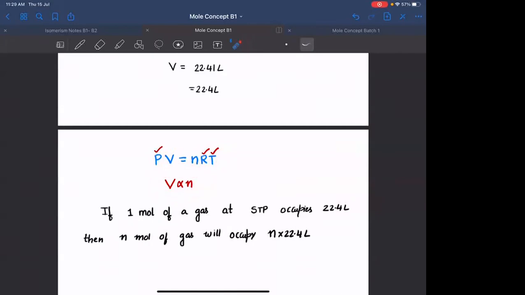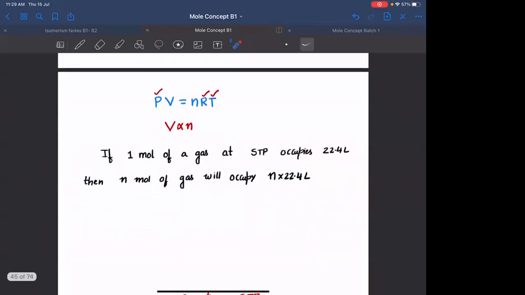Yes. If I increase the volume, the moles must increase. So if 1 mole of a gas at STP occupies 22.4 liters, then n moles of the gas must occupy 22.4 into n liters because it is directly proportional.